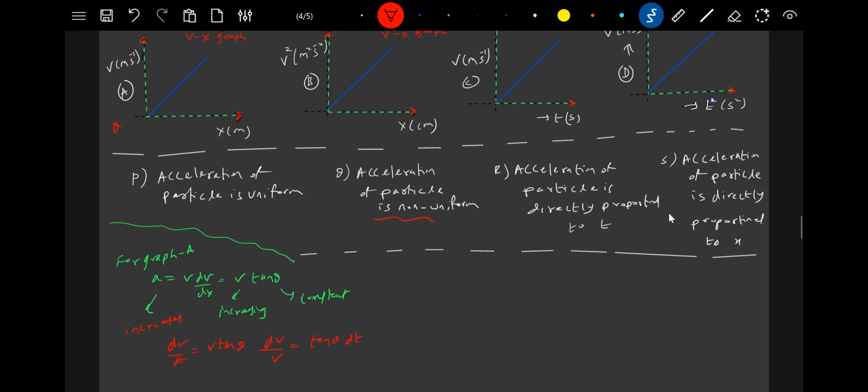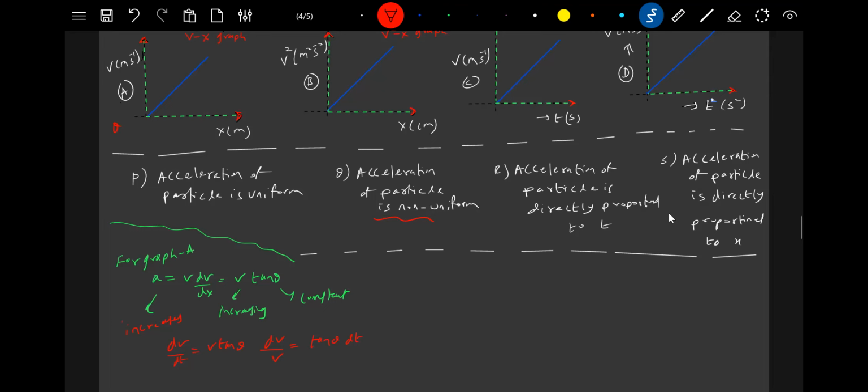So shall we go for one more? Any option? Acceleration of the particle directly proportional to t? No, not possible. It is not directly proportional to time here.